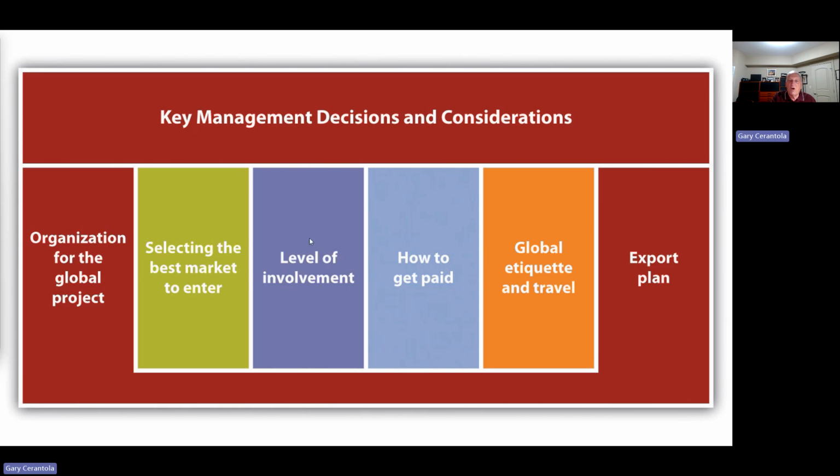What level of involvement are you going to take? And I talk about learning to walk before you run, so that you may do this on a gradual basis as you develop internal capacity to do more for yourself. We talked about make or buy earlier on.